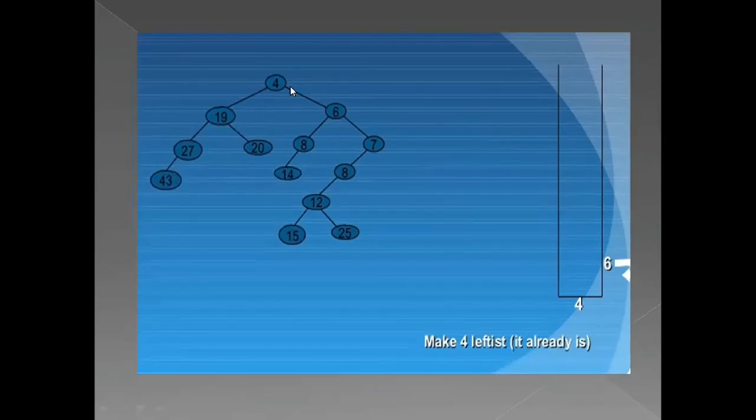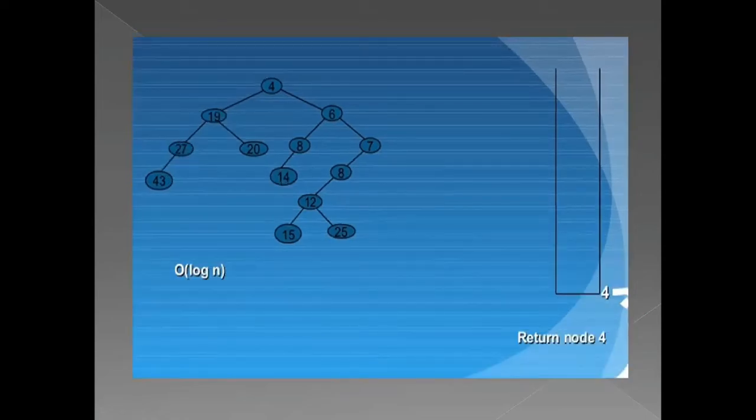You can check the rank of every node of 4, 19, 6, 8, 20, 7, and you will see that the property of a leftist tree is maintained. So the merge operation has time complexity big O of log n.